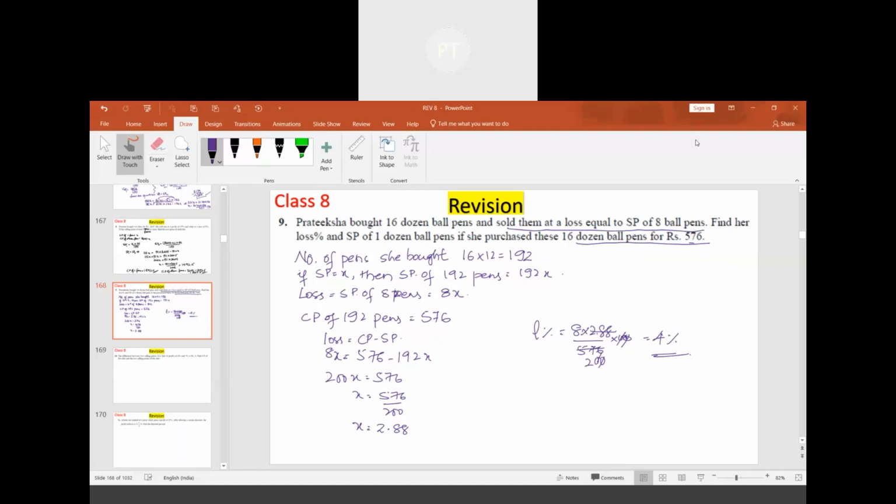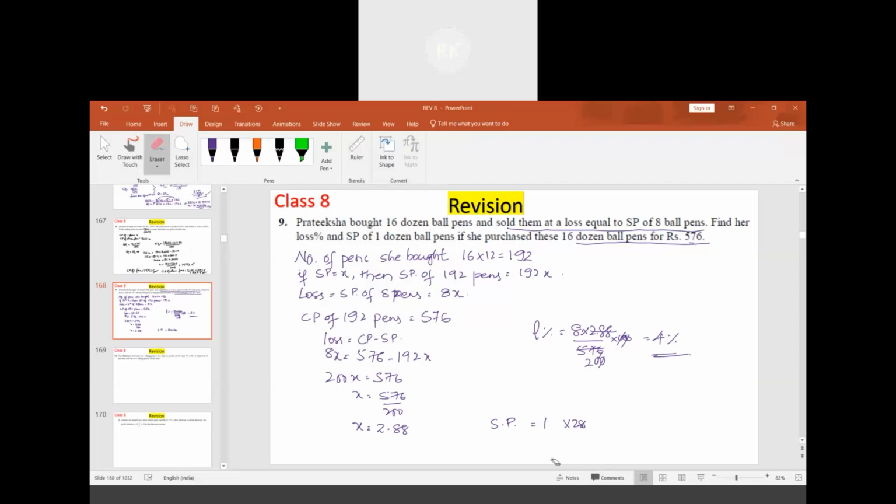You have to calculate that. I had given find her loss percent. It's done. SP of 1 dozen. So SP of 1 dozen ball pens will be 192 multiplied by 2.88. Sir, why 192? It should be 12. Oh, it's 1 dozen only, right?